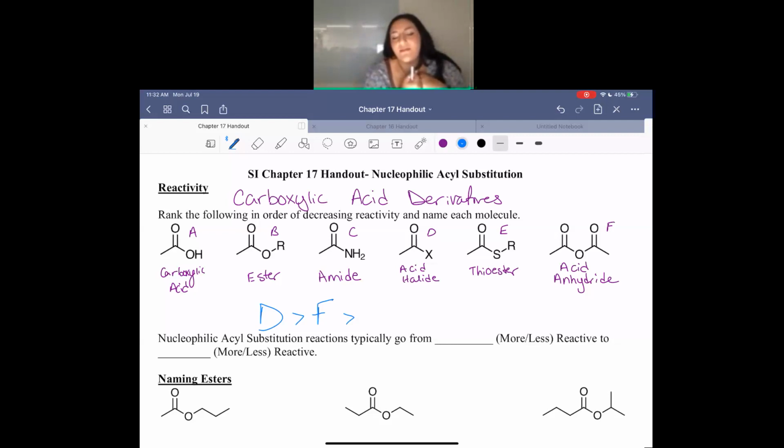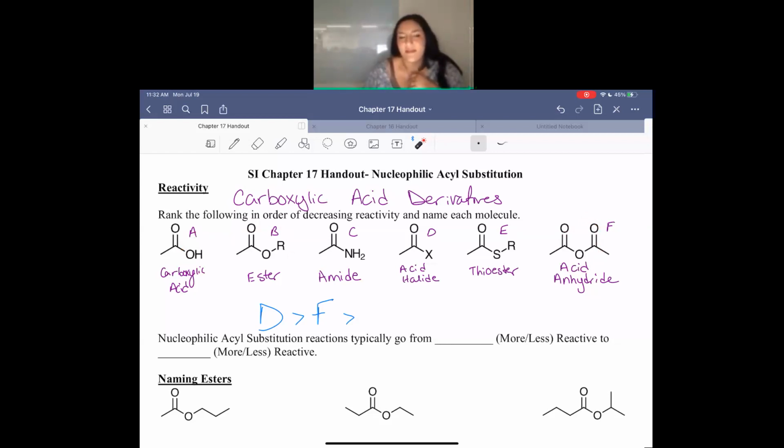And the best leaving group of the three is actually going to be the anhydride, this one. And that's because when it leaves, this whole thing is going with it, right? There's all that resonance stabilization, super electron withdrawing. It's going to be a really great leaving group compared to these two tiny little things.